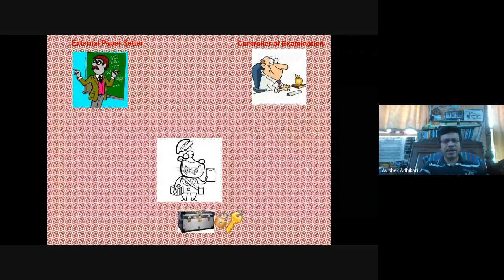So what does he do? If I repeat the same process, the controller gives the lock, key and box to the postman to send to the external paper setter. He brings another lock and key, puts them on the same box, and gives it to the external paper setter.